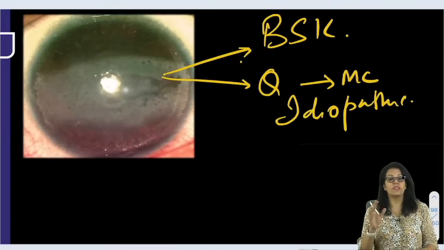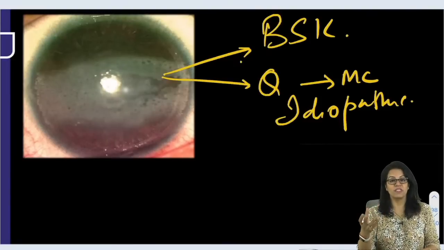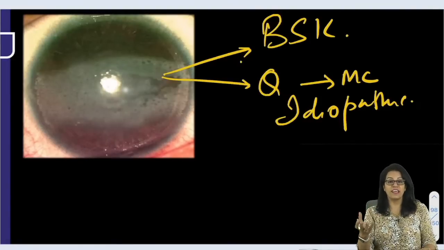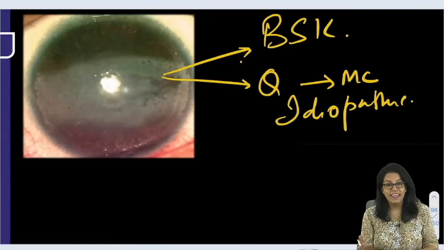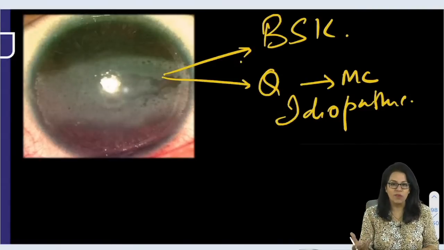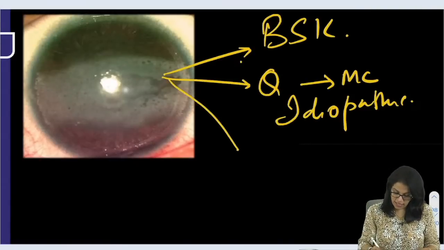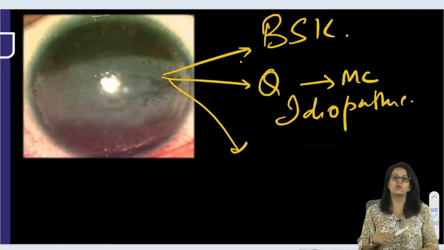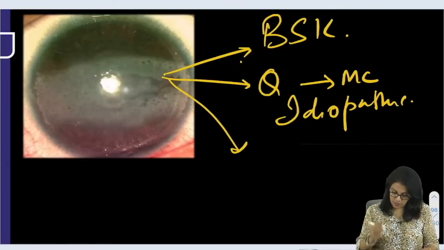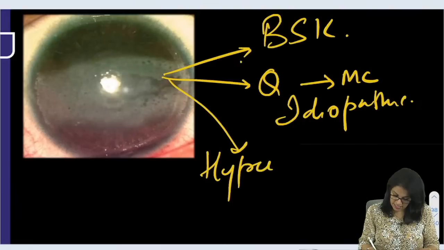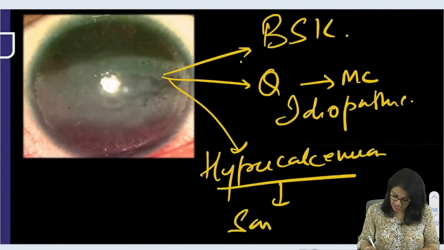And hope you remember the causes: chronic uveitis in patients of JRA, in children suffering from JRA. It can happen in phthisis bulbi. And hypercalcemia, so any vitamin D toxicity can also lead to this. And there was an exam question, because it is in hypercalcemia, it is also a feature of sarcoidosis.